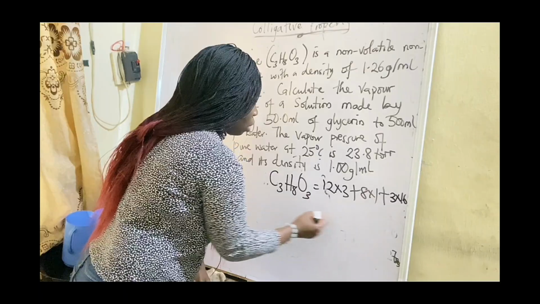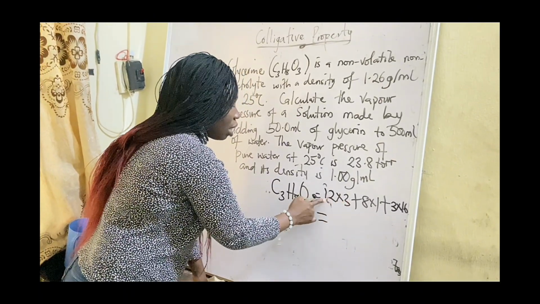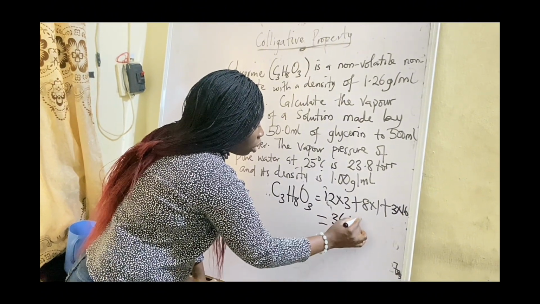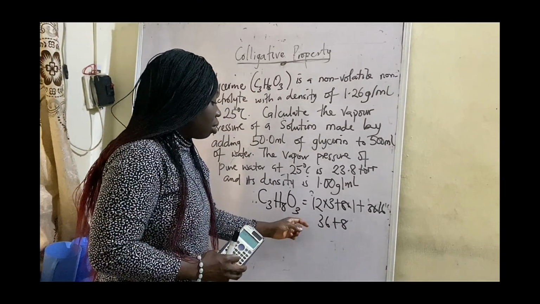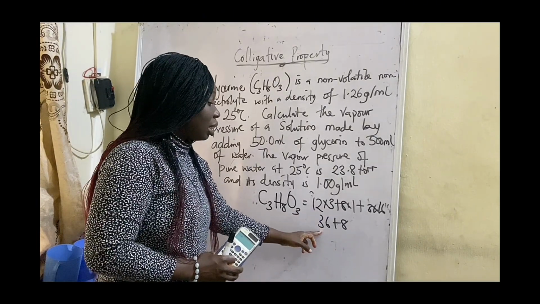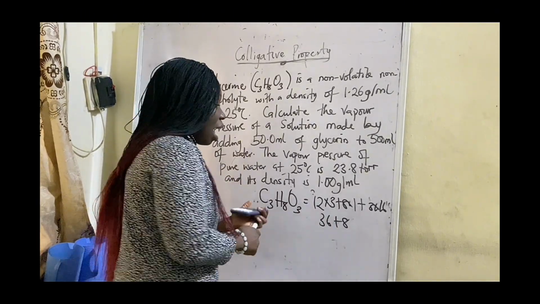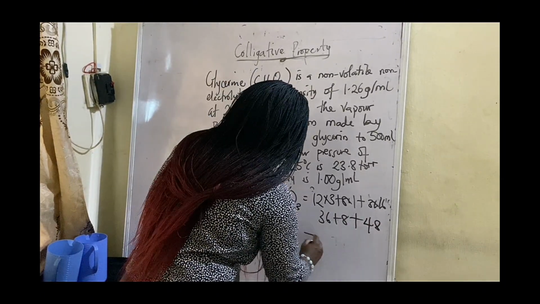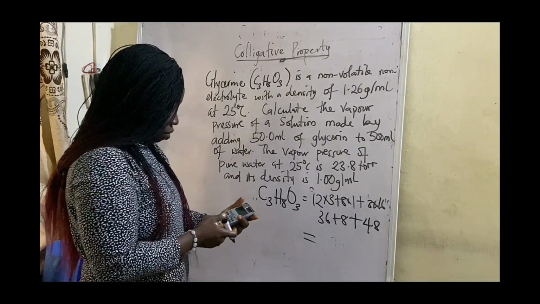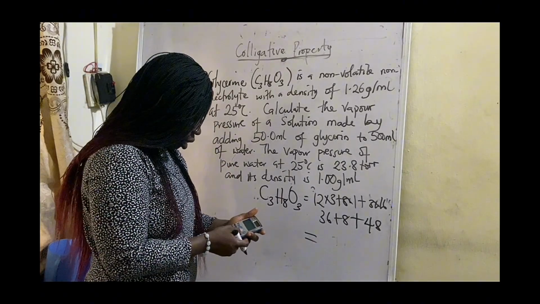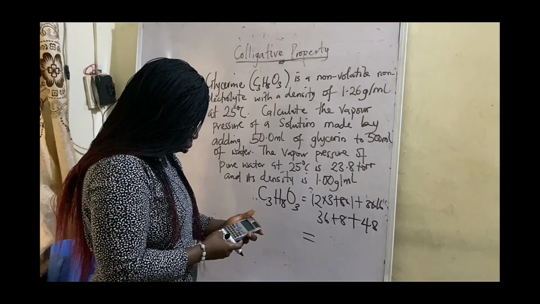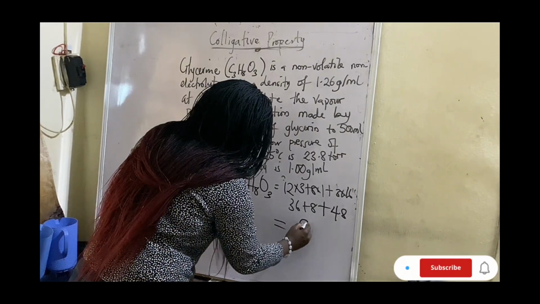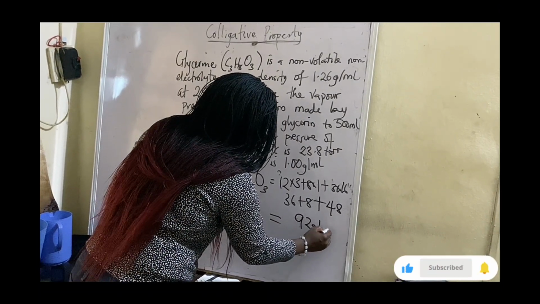So 12 times 3 is equal to 36, 8 times 1 is equal to 8, and 3 times 16 gives us 48. When you add all these together, you get the molar mass of glycerin. Let's add it together: 36 plus 8 plus 48 is equal to 92. So it becomes 92 gram per mole.